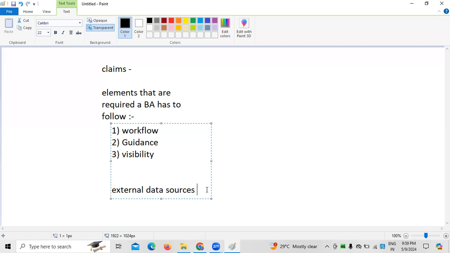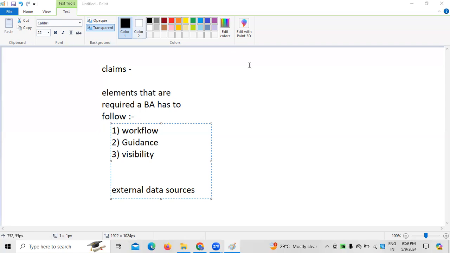That's the reason in tomorrow's session I'm going to start with the workflow process: how workflow configurations are to be done, what steps are to be followed to make any changes in the workflows, how we do that, and what the key elements to focus on are. I'm going to discuss this from tomorrow onwards. So this is all about claims from the context of a BA, because whatever we have discussed so far over a long time relates to that.